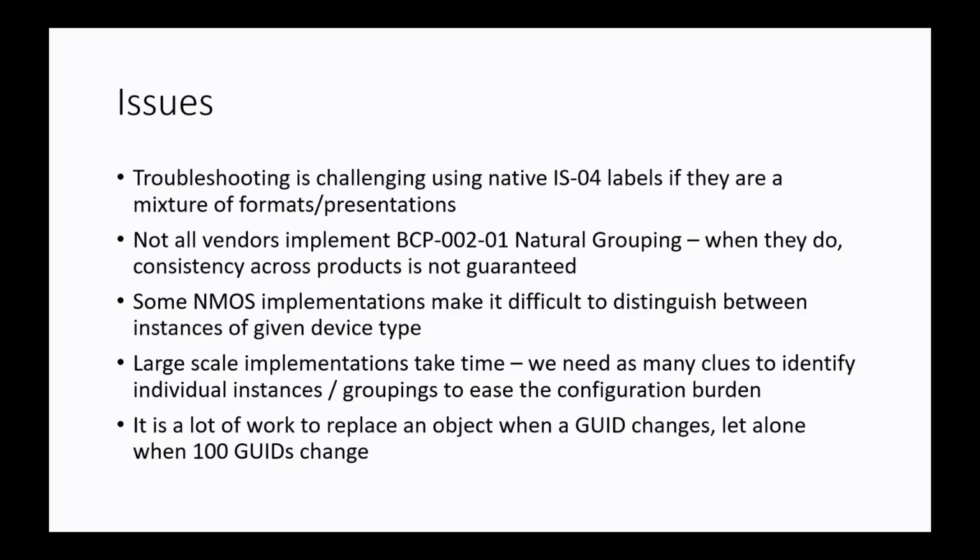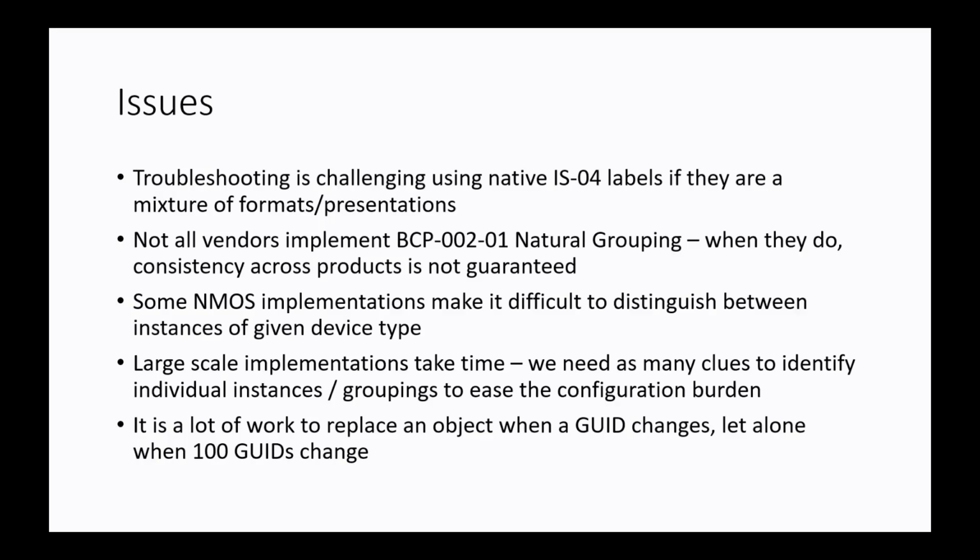Some NMOS implementations make it difficult to distinguish between instances of a given device type. What do I mean by that? Well, if I plug 20 CCUs in and they all say, hi, I'm a CCU, well, which one's which? Oh, well, yeah, but I'll tack on the serial number. Yeah, okay. Our project has been going 3 years.